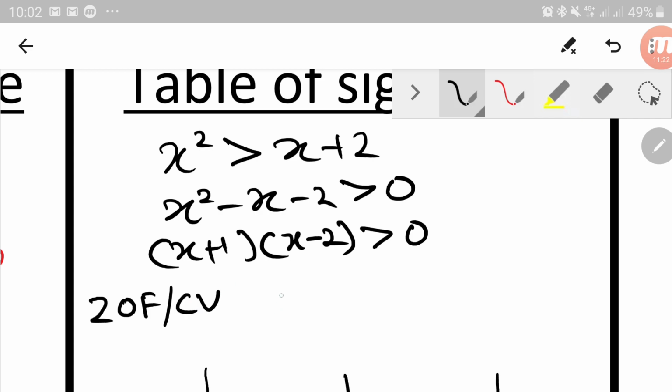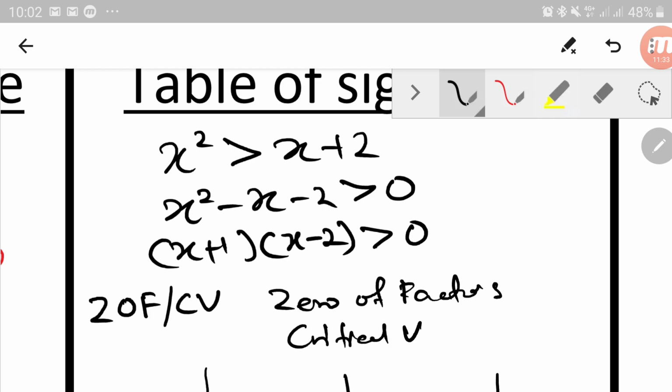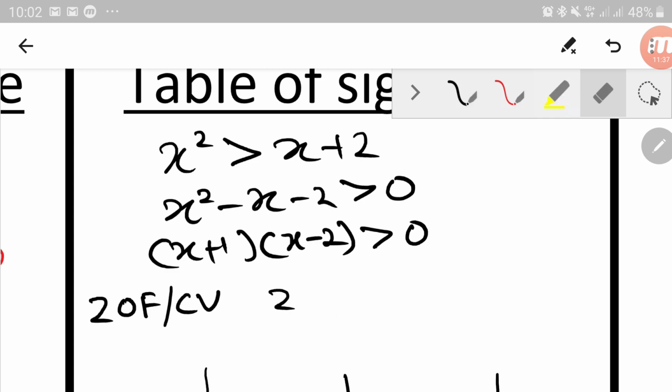ZOF stands for zero of factors, while CV stands for critical values. These two in this case are the same thing, so I just write ZOF over there.